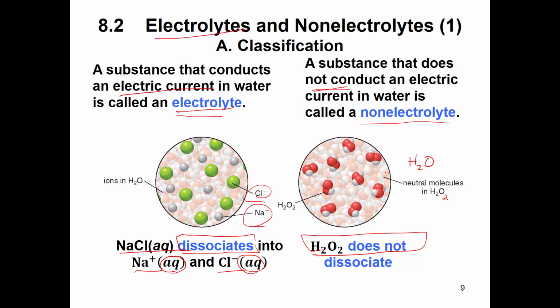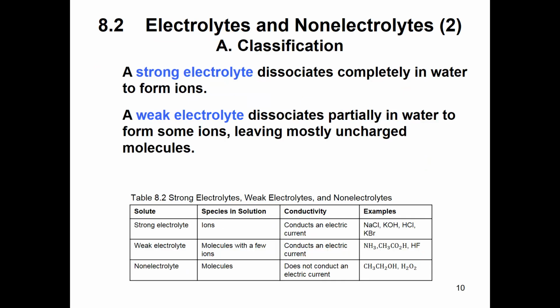These neutral molecules of H2O2, hydrogen peroxide, will not conduct because they do not produce ions when you put them in water. So the bottom line is you have to have ions in order to have an electrolyte.